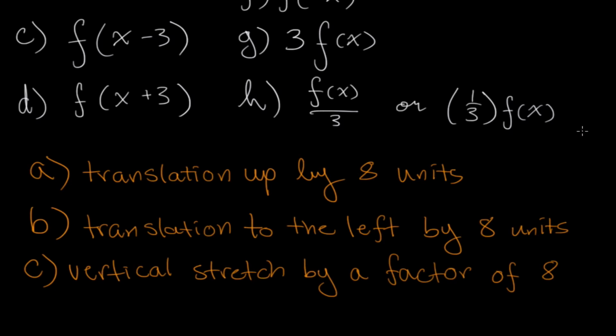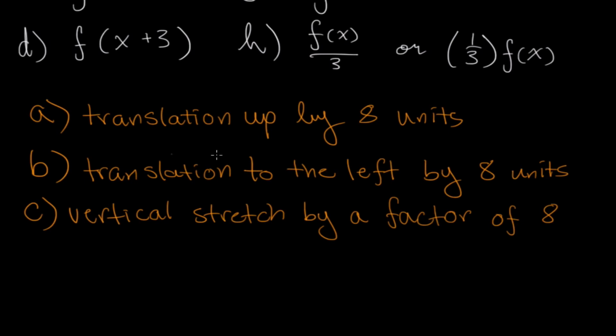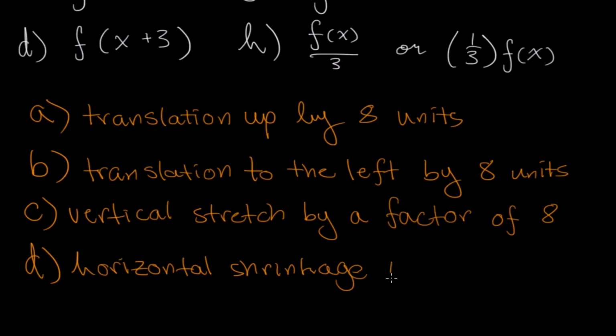F of 8x would be a horizontal shrinkage. When you multiply the argument by a number, it's a horizontal shrinkage by a factor of 8.